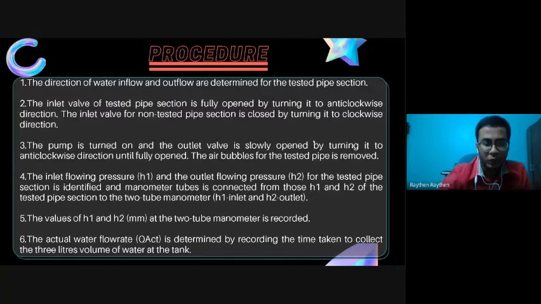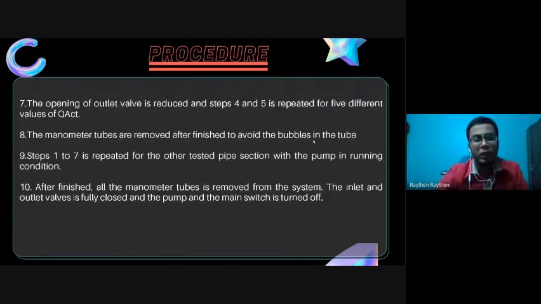Next, the actual water flow rate is determined by recording the time taken to collect 3 liters volume of water at the tank. This step is followed by reducing the opening of the outlet valve, and steps 4 and 5 are repeated for 5 different values of Q actual. The manometer tubes are removed after finishing to avoid bubbles in the tube.